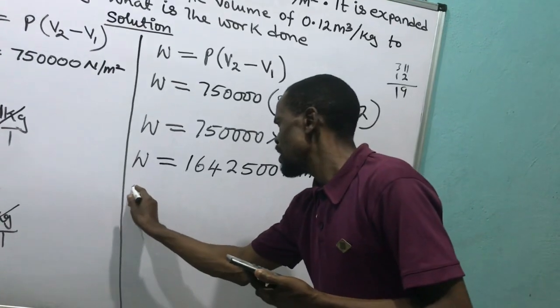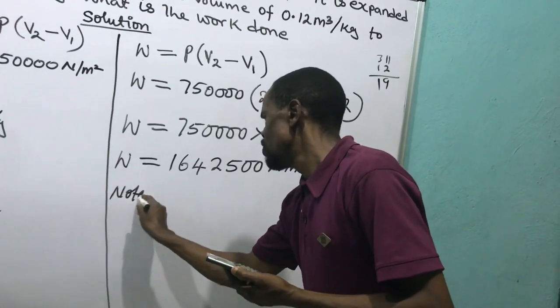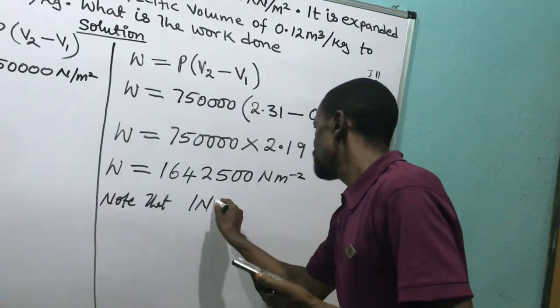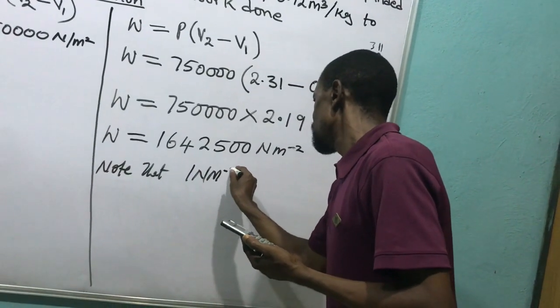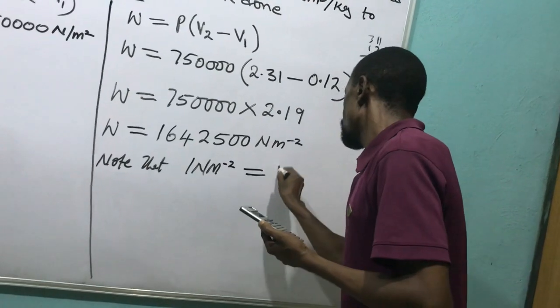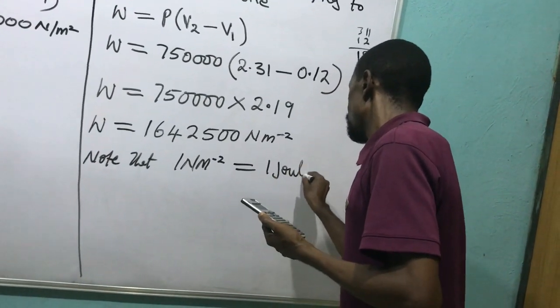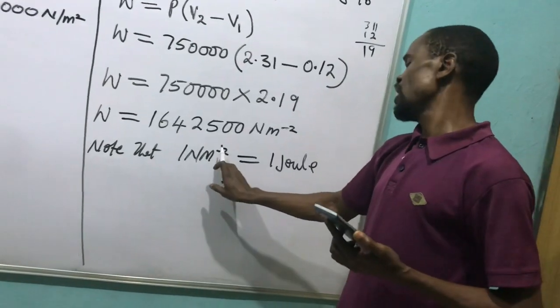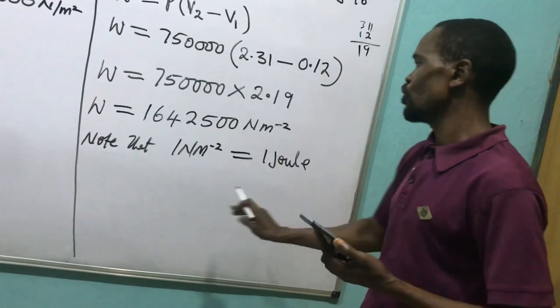And remember, note that 1 Newton meter is equal to 1 joule.